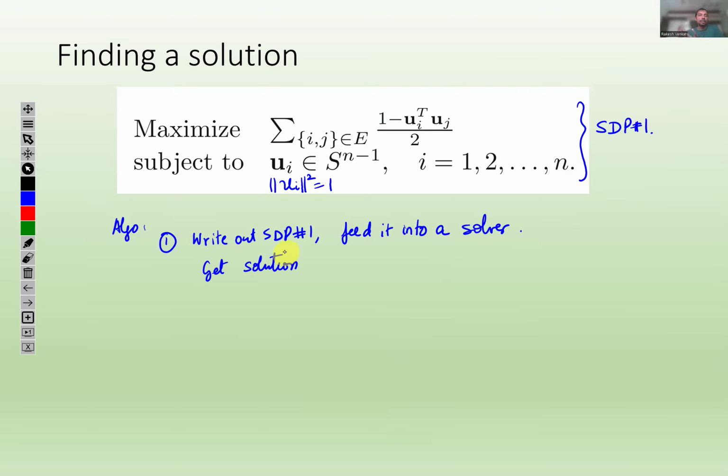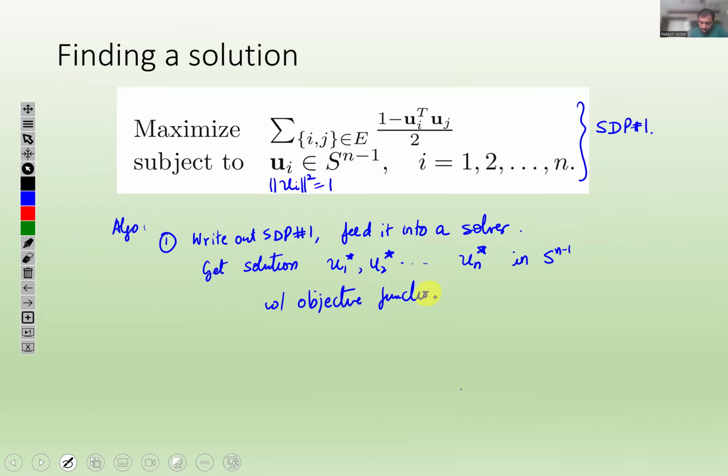It is some geometric representation of the graph. And the value of the objective function is equal to, let me say, ZSDP. And we know that this objective function value is greater than or equal to the optimum MaxCut. So I'll just write it as MaxCut.